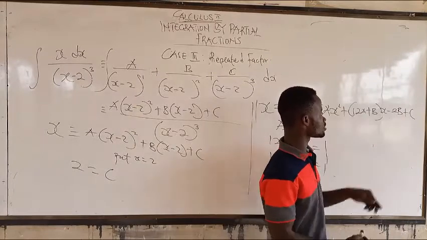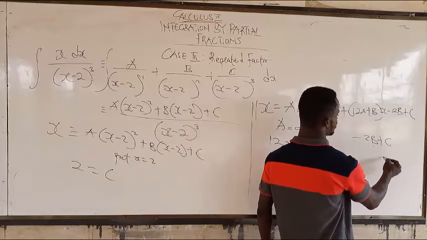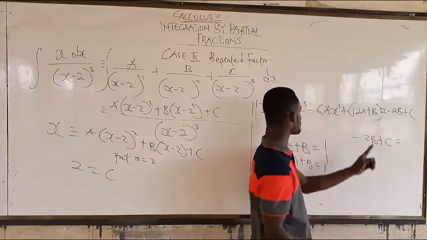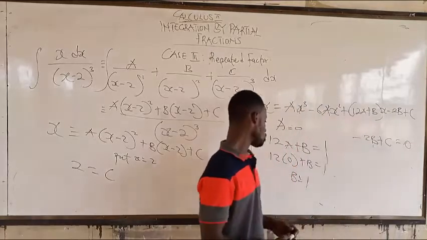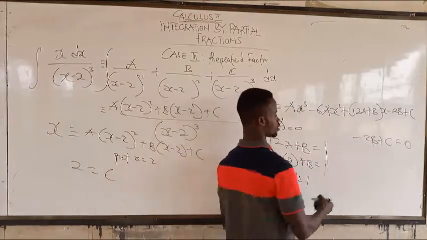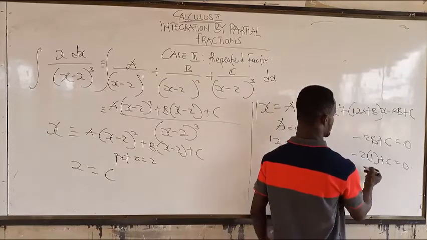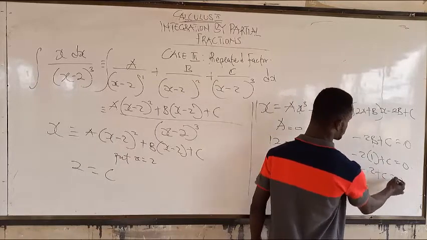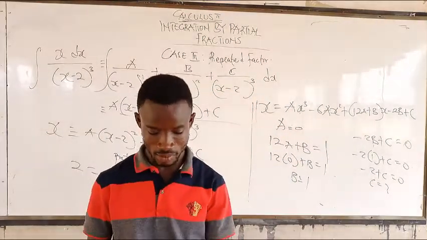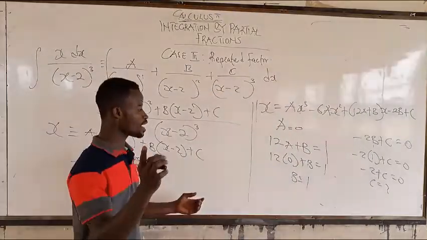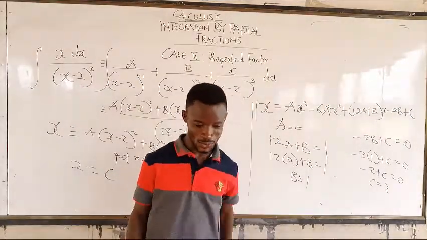The constant is negative 2b plus c, which is equal to, the constant here is 0. But we know b is 1. Negative 2 plus c is equal to 0. So c is equal to 2. So a is 0, b is 1, and c is 2.